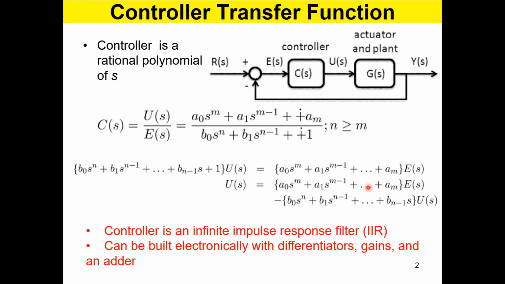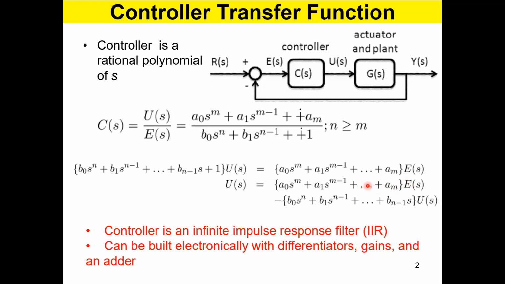S means differentiation in the time domain. So you need to differentiate the error. Now the error is a continuous signal, changing all the time, like a continuous wave. So you need to calculate the rate of change of error. That is the term over here. You differentiate and then multiply.